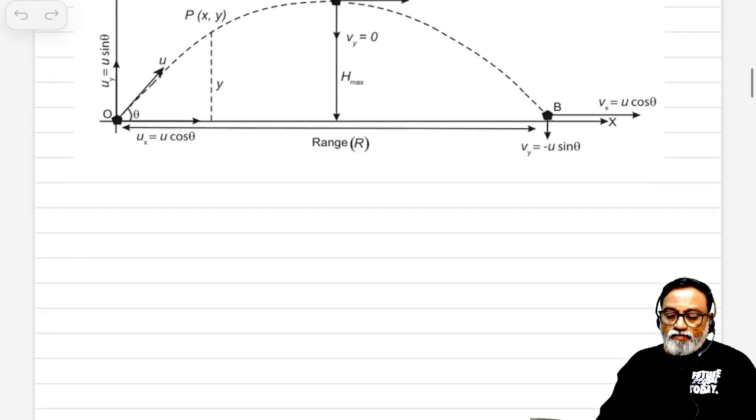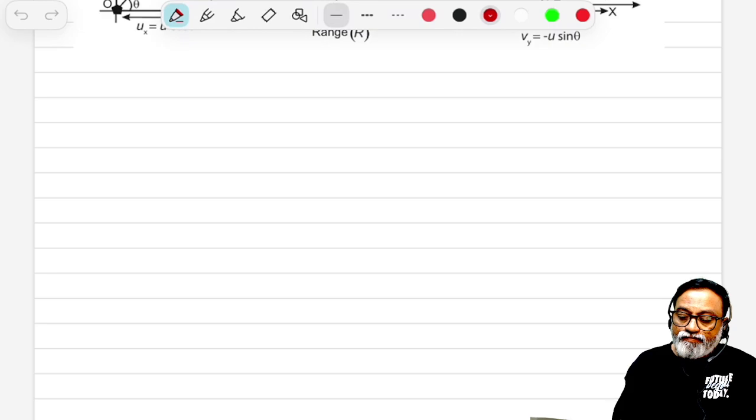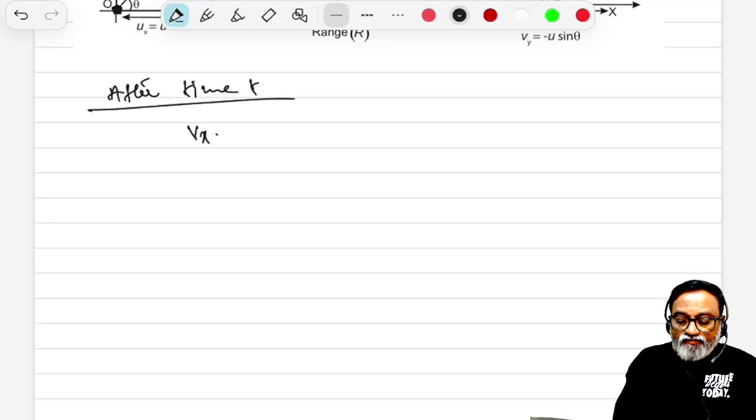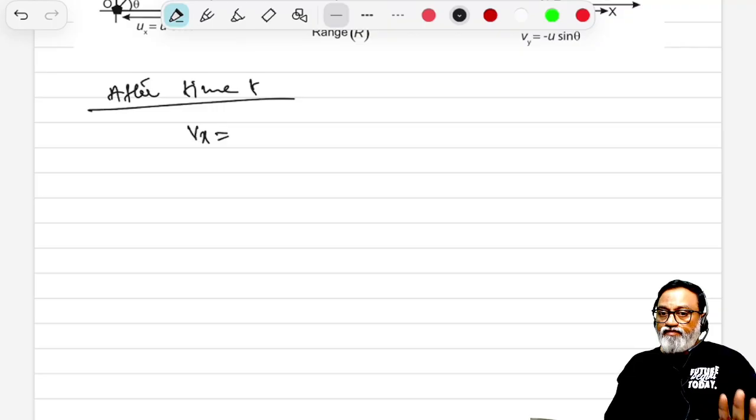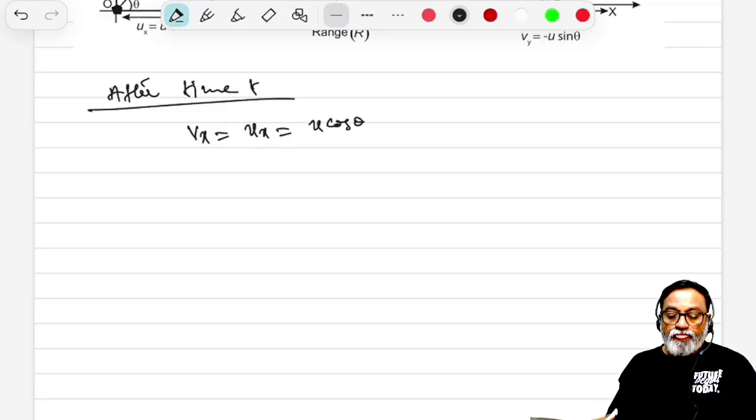See, for this projectile motion, first after time t, in horizontal direction, final velocity Vx is always constant, that is equal to Ux, therefore U cos theta.